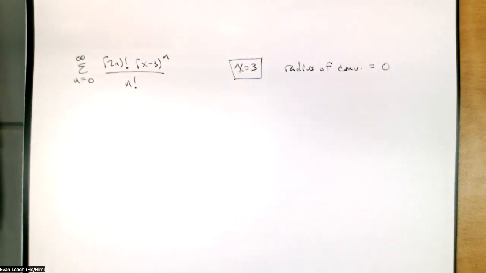Here, the radius of convergence is 0 because that 2n factorial leaves behind two factors of n in the numerator, but the n factorial leaves behind one factor of n in the denominator. So the limit from the ratio test is off to infinity.